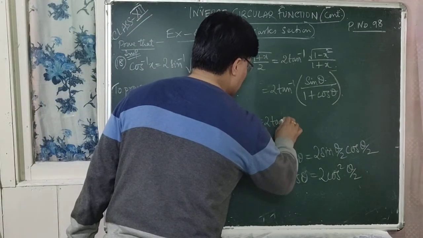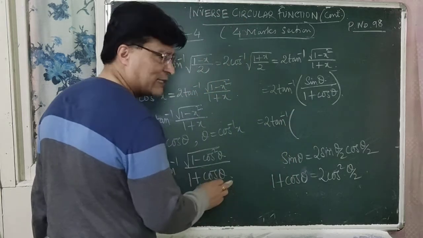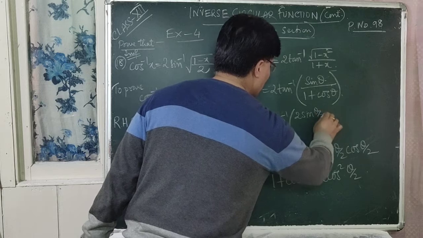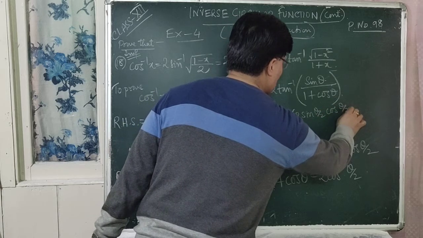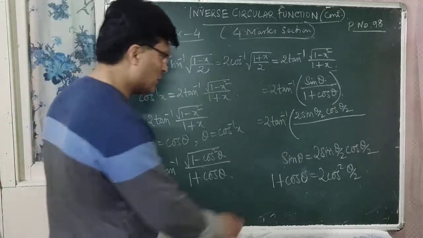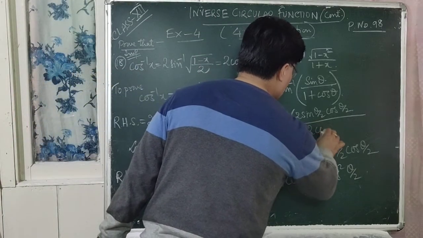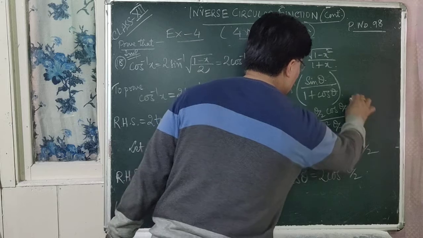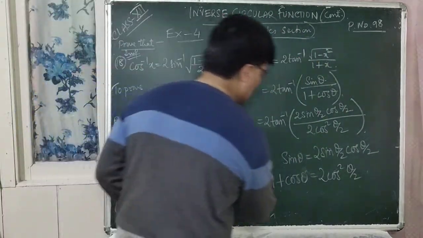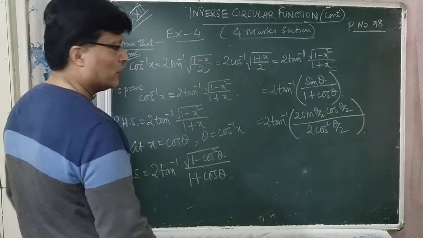So let's use this formula here. That is 2 tan inverse within bracket. What is sin theta? It is 2 sin theta by 2 cos theta by 2, divided by, what is 1 plus cos theta? It is 2 cos square theta by 2. So this is the formula that you can use here. Okay. So here you can cancel.